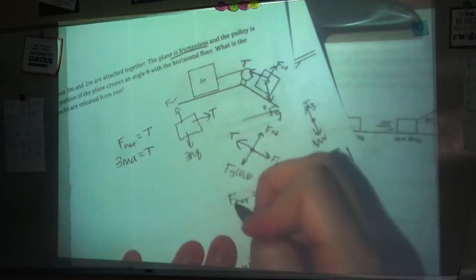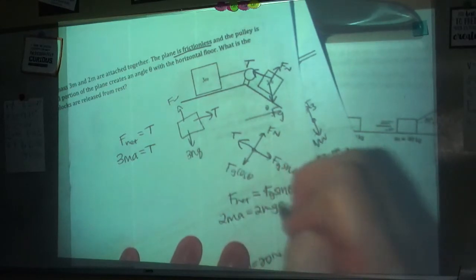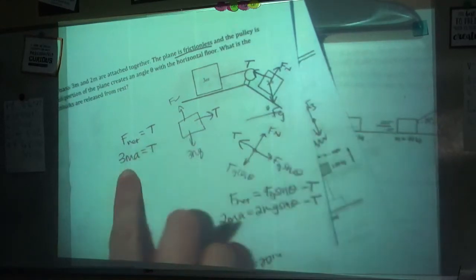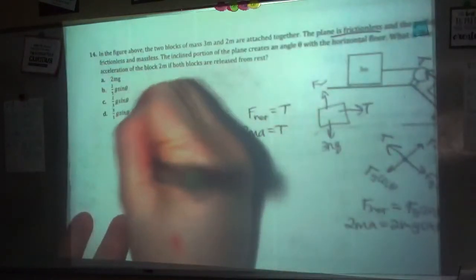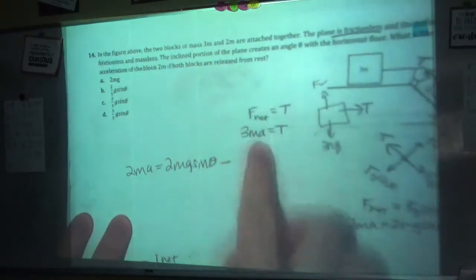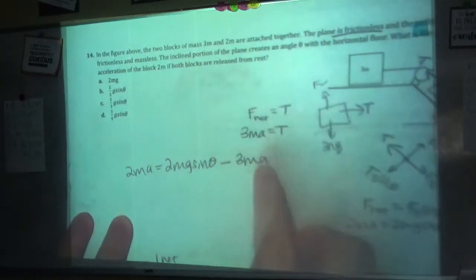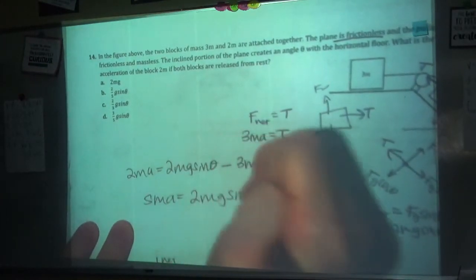We can replace F net with 2ma, Fg with 2mg sine of the angle minus tension. Tension is actually 3ma, so 2ma equals 2mg sine of the angle minus 3ma. Add that over, that's 5ma equals 2mg sine of the angle.